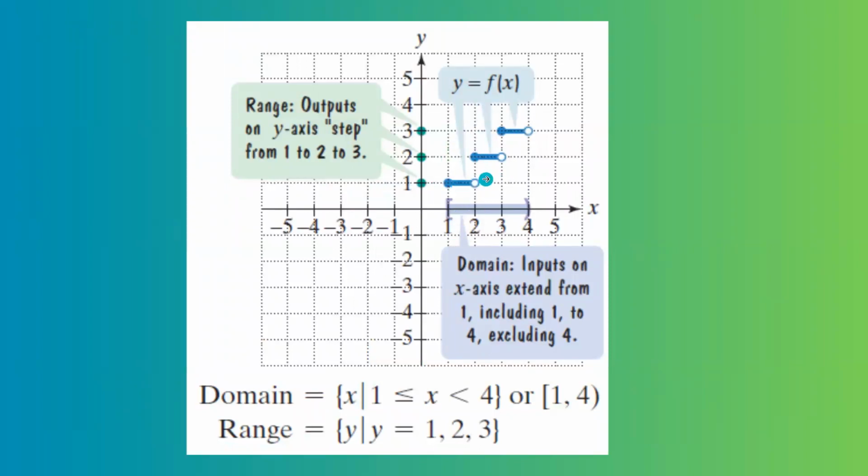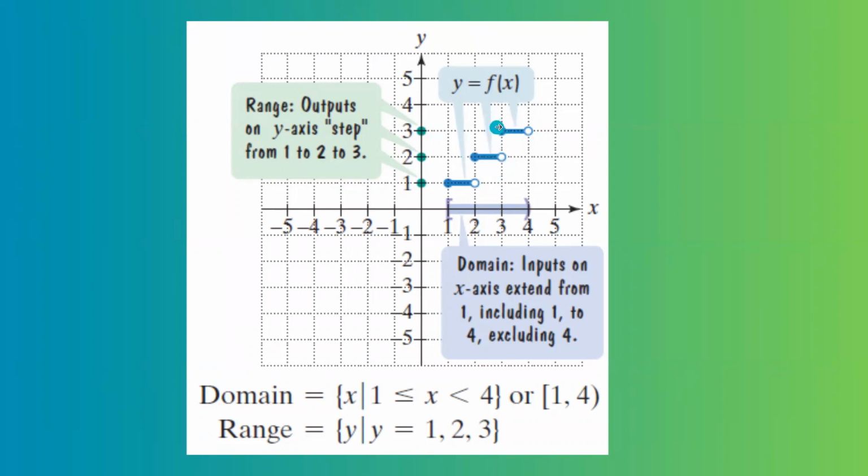Next function, here we have a step function. The domain starts from 1 and it stops at 4. 4 is not included because of the open circle. Please note that here you have overlap on 3. For this piece of line, you have an open circle.